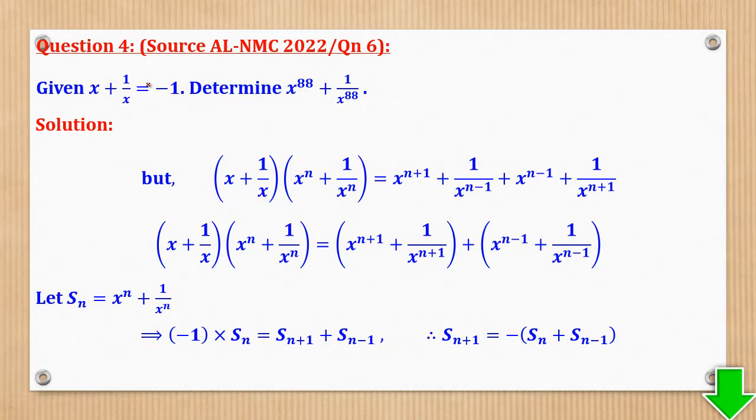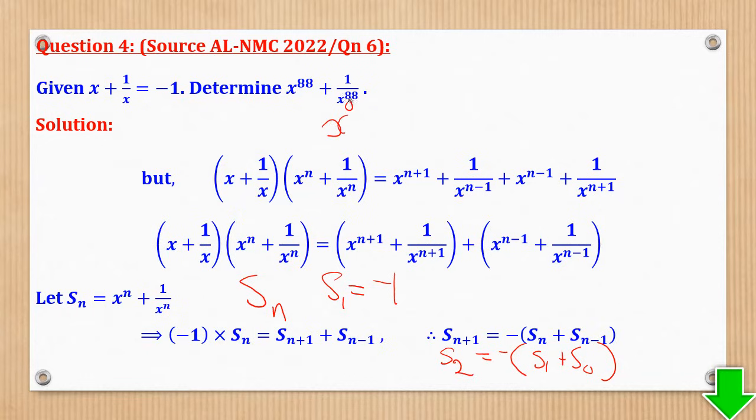After knowing that, we shall now say that, first of all, S1 is negative 1. We know that. So that means that when n is 1, here it should be S2 equals negative, in brackets, S1 plus S0. So we need S0. S0 means when the power is 0.